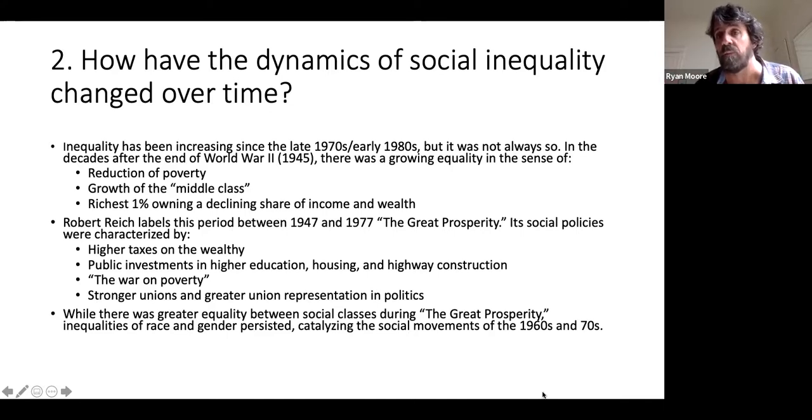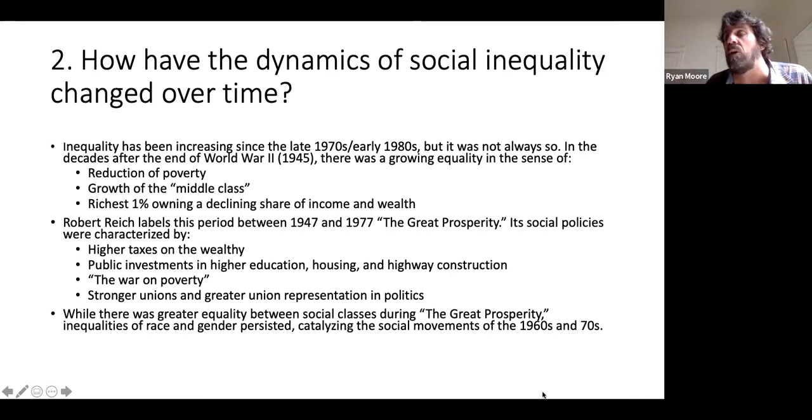towards white people and towards workers who were in occupations dominated by white people, and basically excluded people of color and people who were in jobs like farm workers or domestics.